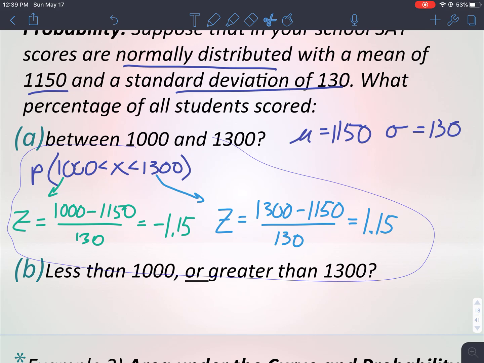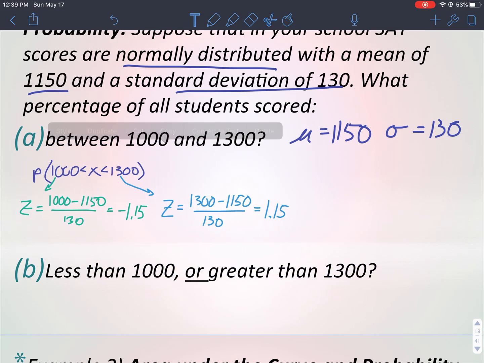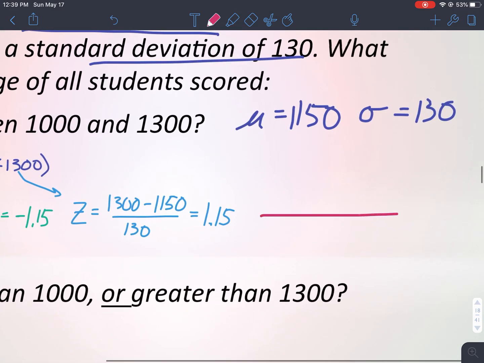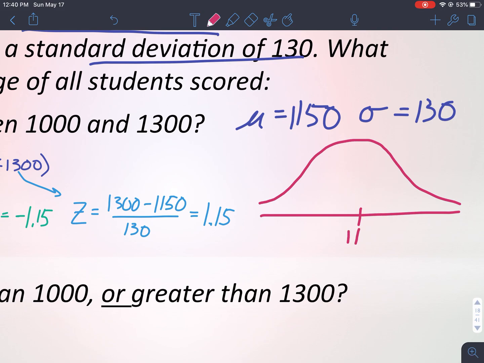Now, I am going to draw my picture. Here's my bell curve. The mean is 1150. And we're interested in scores between 1,000 and 1,300.